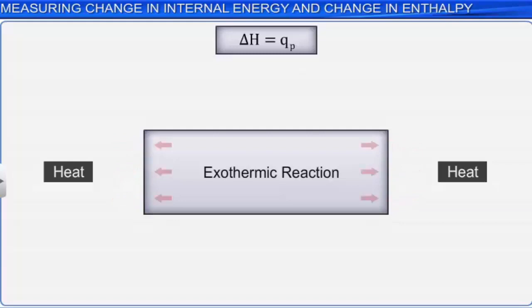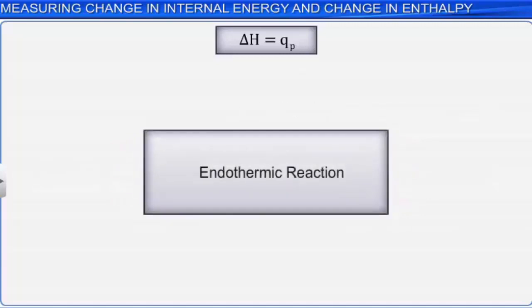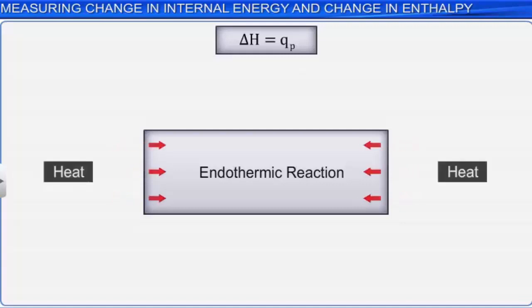Therefore, Qp as well as enthalpy change delta H is negative. Similarly, for an endothermic reaction, heat is absorbed by the system from the surroundings, and therefore Qp as well as the enthalpy change delta H will be positive.